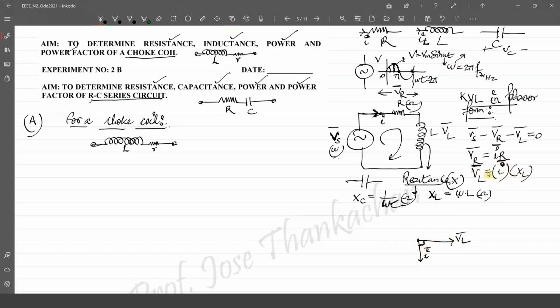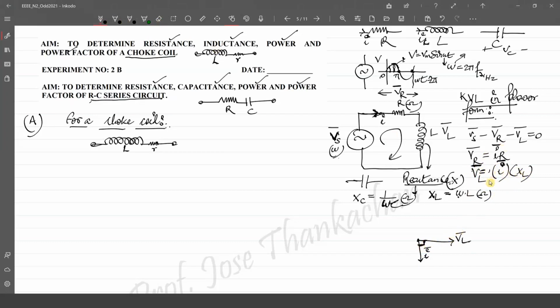So this representation is incomplete. Even though the magnitude will be the same, the angle between them is not the same. To make this equation complete, we need to add some more component here, so that it shows that the angle between these two is 90 degrees.